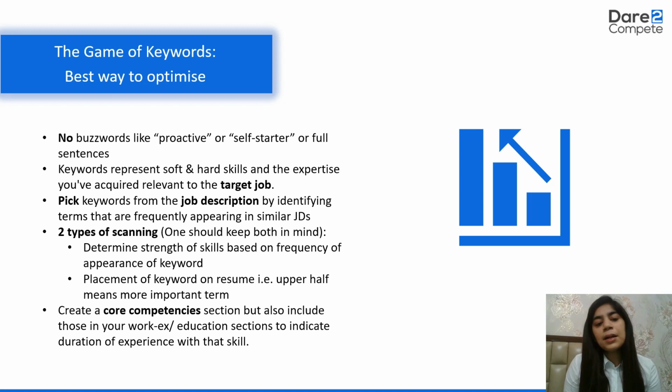The second thing is the placement of keywords on the resume: the upper half means more important terms. What I mean by that is, you should make sure that all the relevant content you have, all the competencies, all the good work you've done, all the things you want to highlight to a particular employer should be in the first half of the CV. Let's say we divide your CV into 4 quadrants.